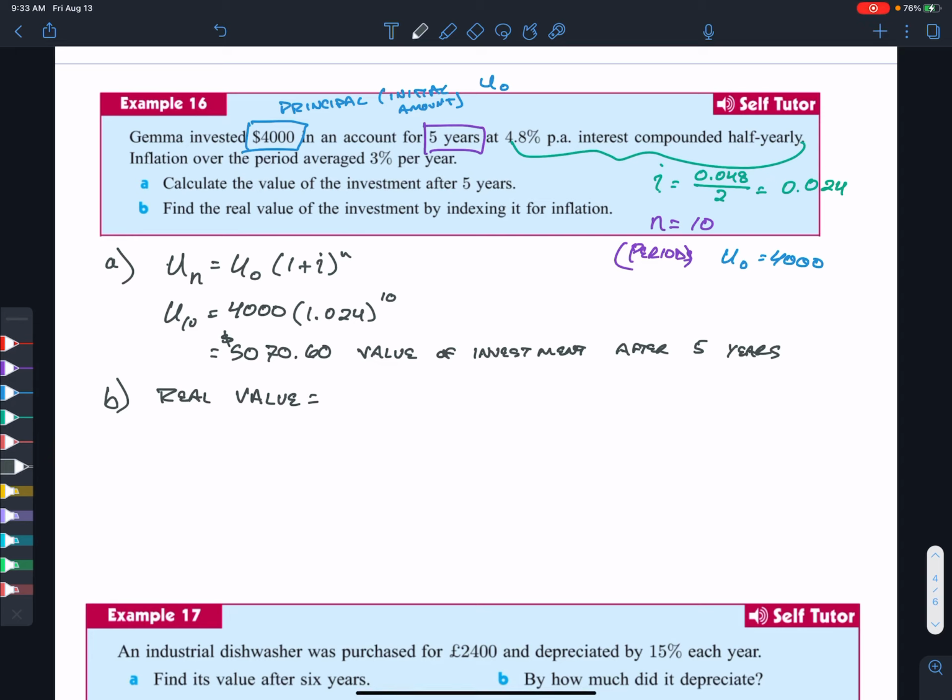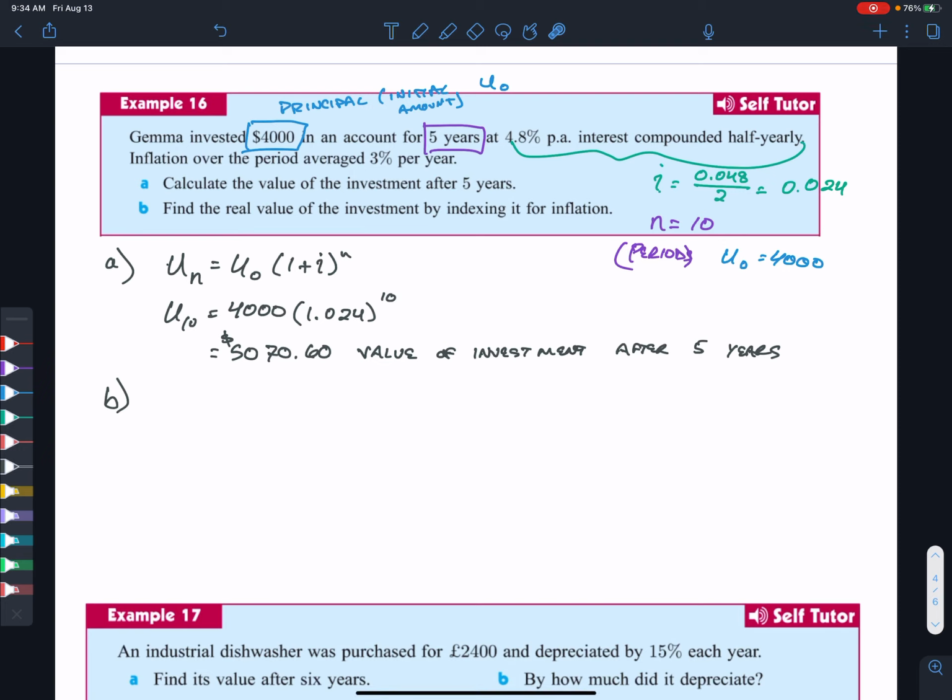The investment is worth 5,070, and we want to work backwards to find out what the value is today based on this. That's what the real value is. What is it based on today? How much would it cost me today for this investment in the future?